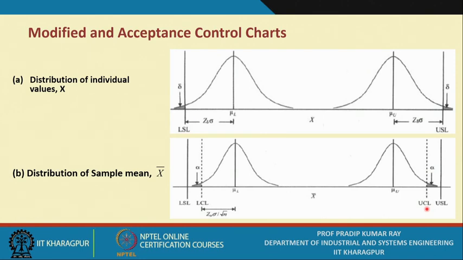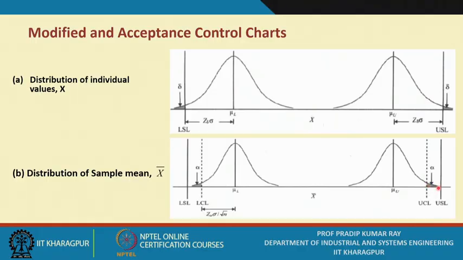Now whenever you draw a control chart, there will always be the probability of making a type 1 error. This probability is alpha.